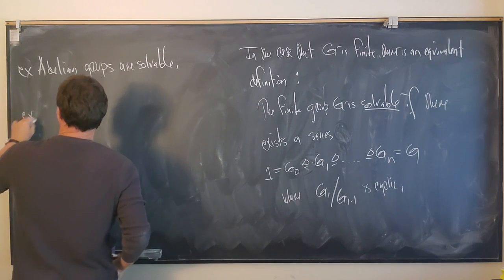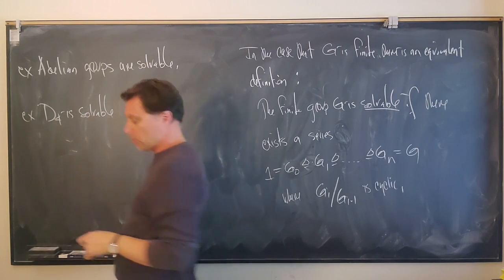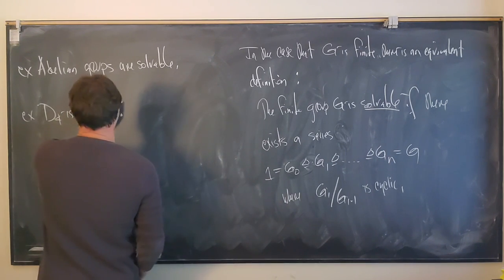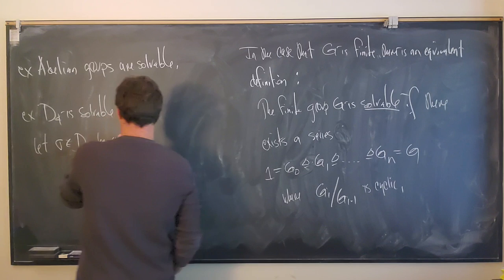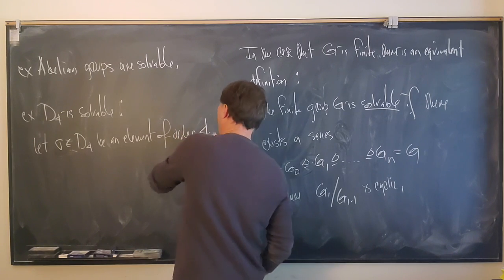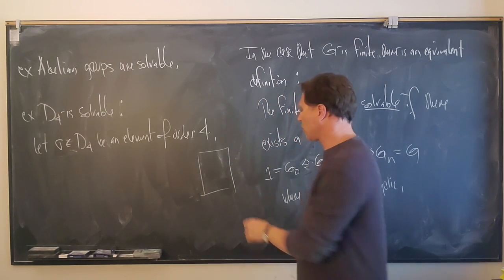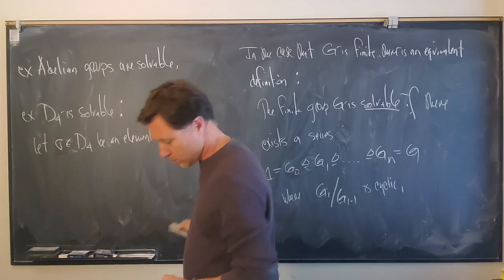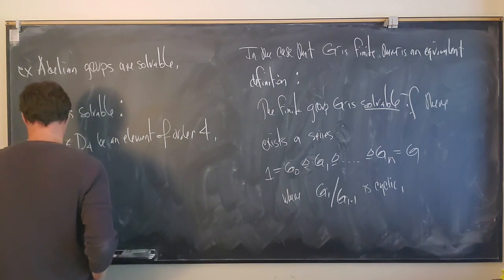Another example, D4 is solvable. And the reason, so let sigma in D4 be an element of order 4. Remember, D4 is the symmetries of a square, and so all we need to do is take a rotation, a 90-degree rotation. There's an element of order 4. So then, here's our series.